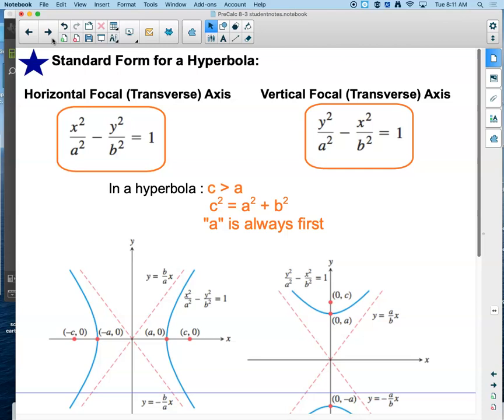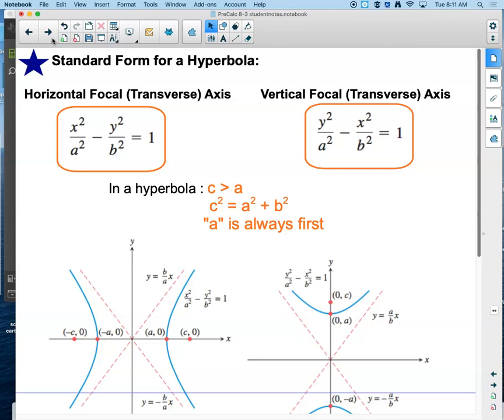So if the y squared comes first, we have a vertical axis. And we do see the new piece here, which is just a new word for that focal axis. It's called the transverse axis when we talk about hyperbolas. Now, in hyperbolas, a is not necessarily the biggest number. That was just an ellipse thing.